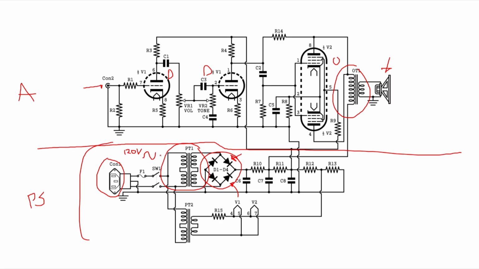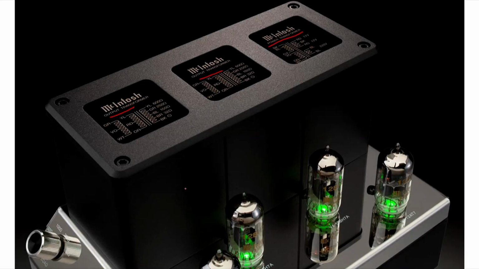In solid state devices, we might step that voltage down. In tube devices, we might step that voltage up to something like 500 volts. So it's either a step up or a step down transformer, and that's its function. The power transformer. Okay, that's the power transformer.